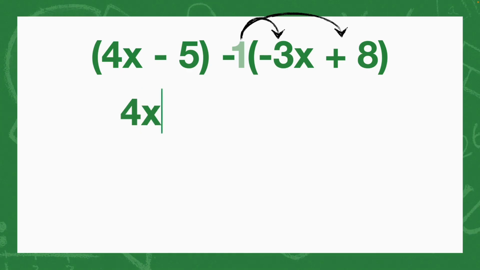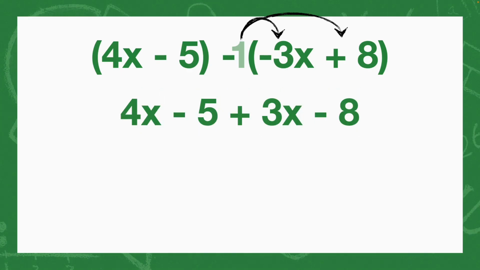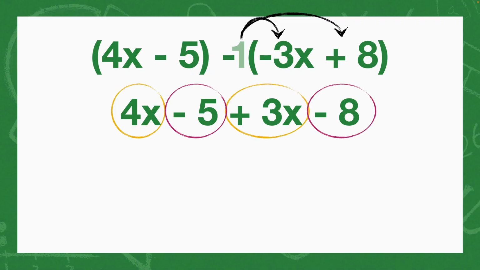Those 4x minus 5 in the beginning will stay the same, but -1 times -3x changes to a +3x, and -1 times +8 changes to a -8. So notice that sign change that took place. But again, at this point, I can just identify my like terms and combine them. 4x plus 3x gives me a +7x, and -5 minus 8 gives me -13. So 7x minus 13 is this expression in simplest form.